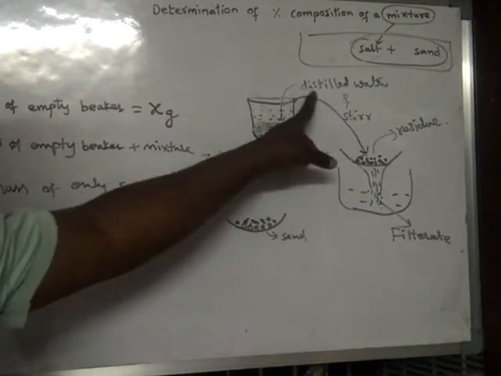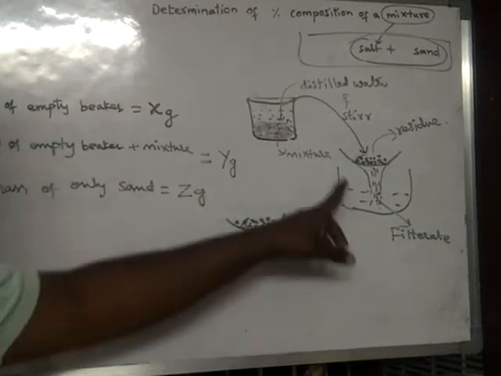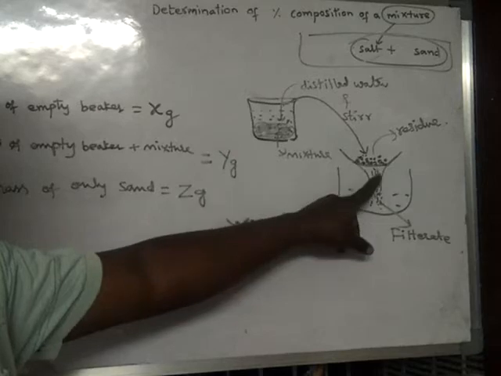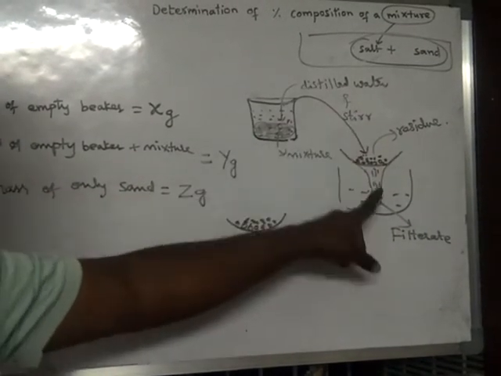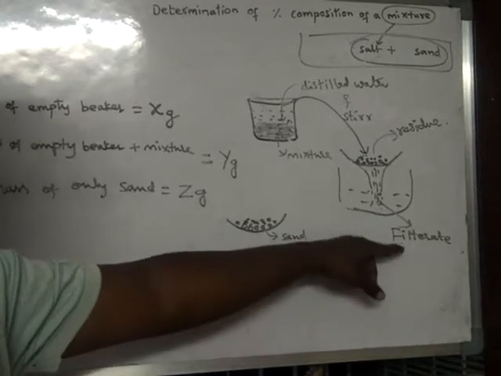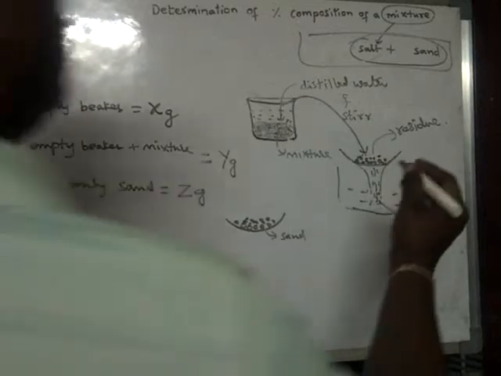Now transfer this into another container by filtering it. Upon filtering, as salt is soluble in water, the salt will come along with the water as filtrate, but the sand is left over as residue.